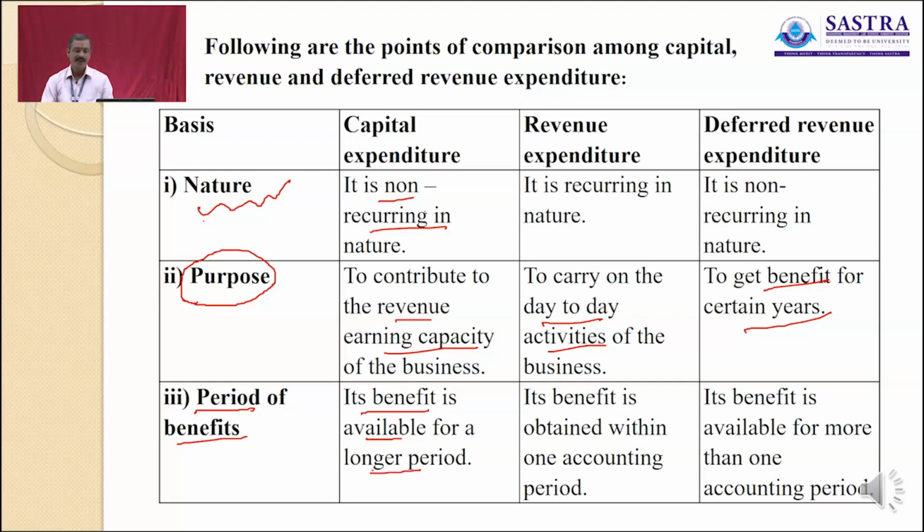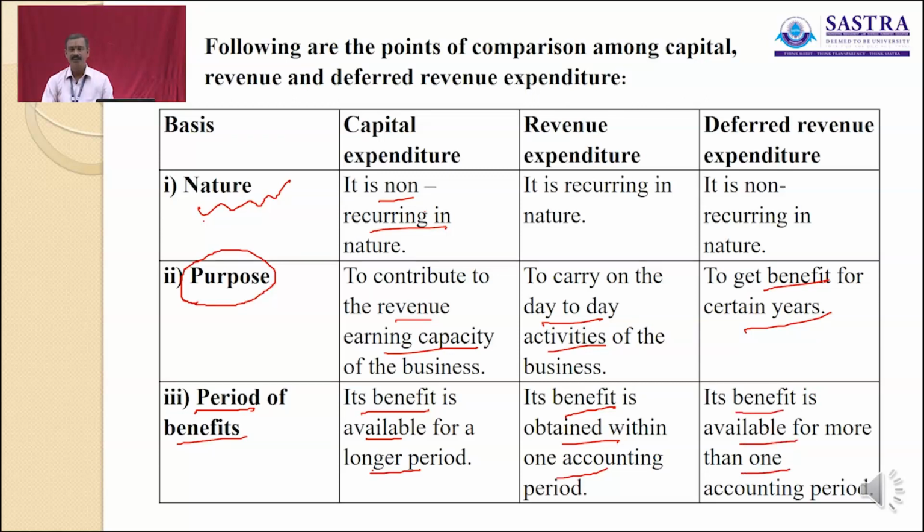Its benefit is available for a longer period. Definitely the capital expenditure spent will be fetching revenue for more than one accounting period, or for a longer period till the lifetime of such particular capital expenditure. And the revenue expenditure is one whose benefit is obtained within one accounting period.